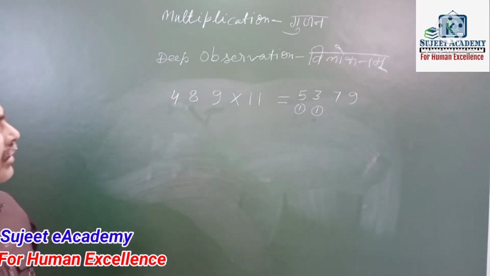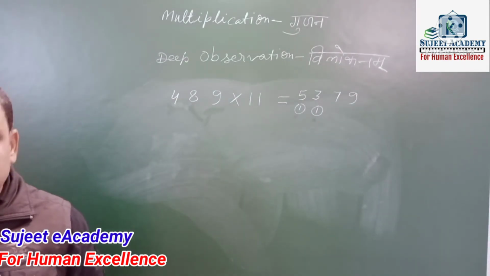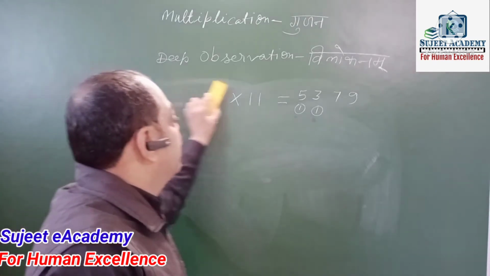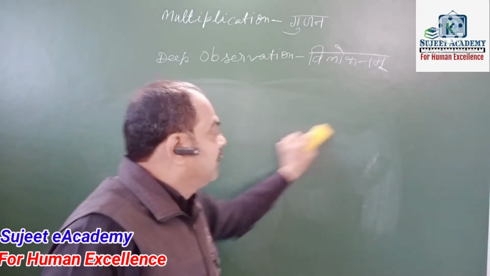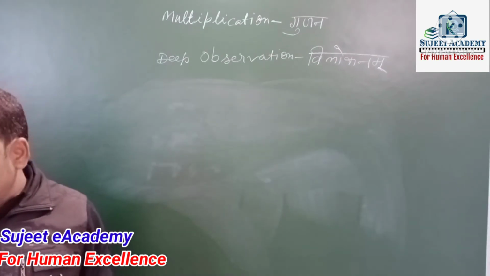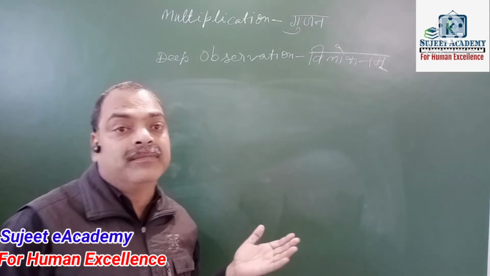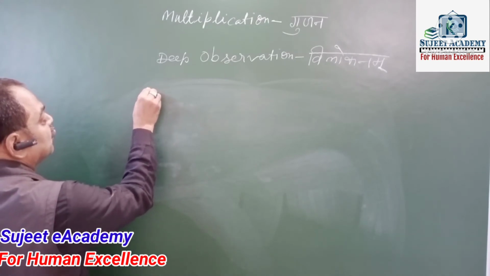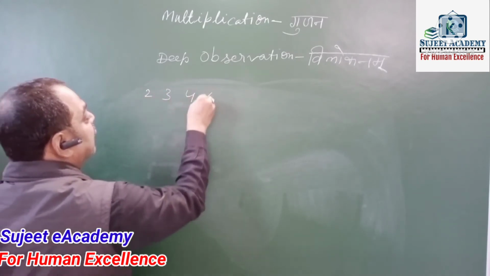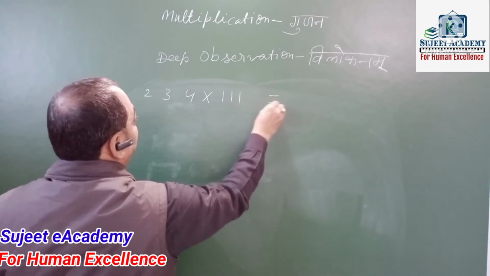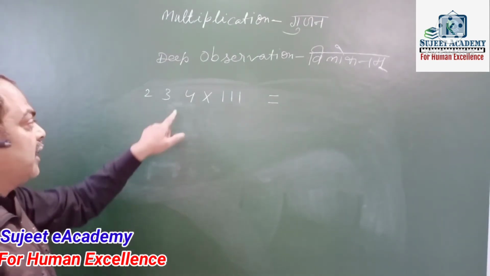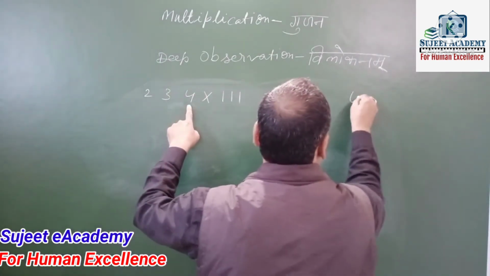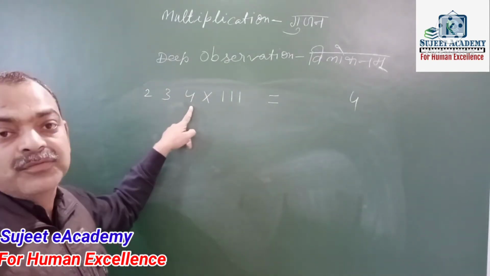Now next one, to multiply a number by 111 by a similar pattern using 3 digits at a time. 234 multiplied by 111. You see that? You put 4 here, unit place value 4.